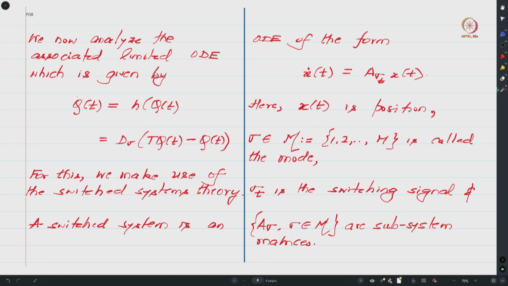And in the next class we are going to formally discuss the behavior of the limiting ODE's solution trajectories, right. In particular we will show that if you consider the limiting ODE, then every solution trajectory of this limiting ODE almost surely converges to Q star, which is basically the Q value function of your optimal policy.